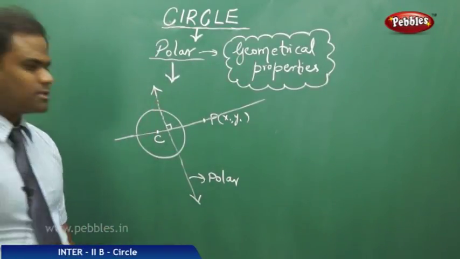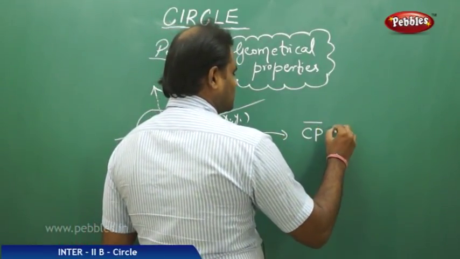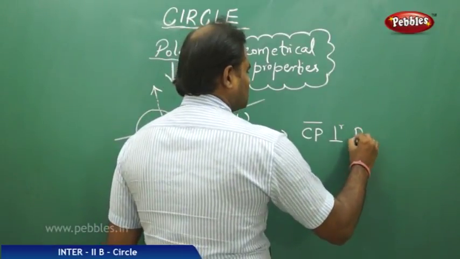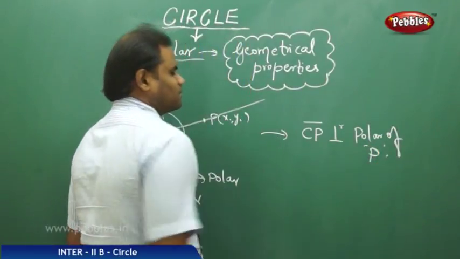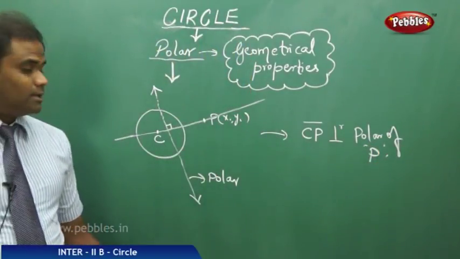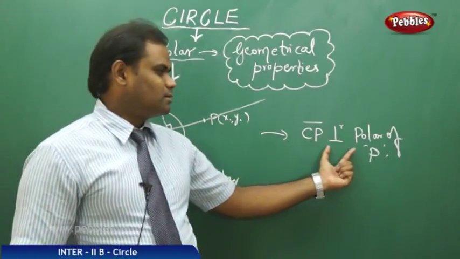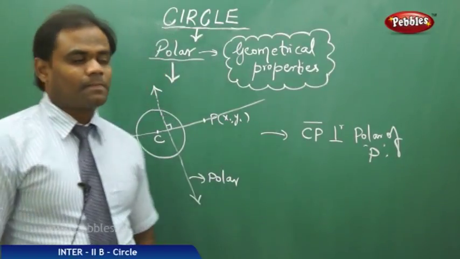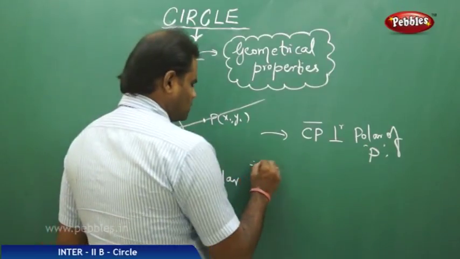So we have to understand that CP, where C is the center of the circle, is always perpendicular to the polar of P. Whether P is inside, on or outside, CP is always perpendicular to the polar of P. This is one of the geometrical properties which we identify.